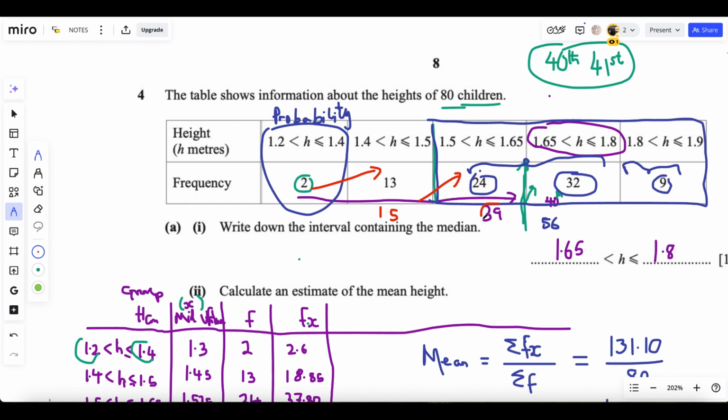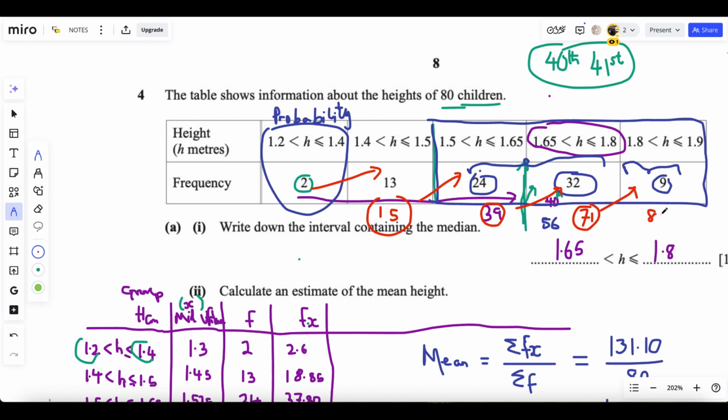The next, 39 plus 32, you get 71. And then the next cumulative frequency will be 71 plus 9, which gives you 80. This is how we do cumulative frequency.